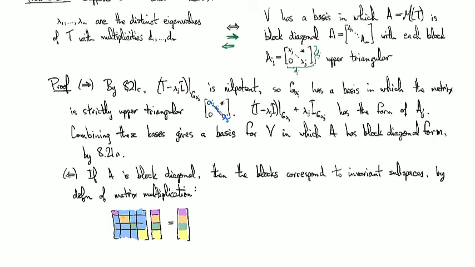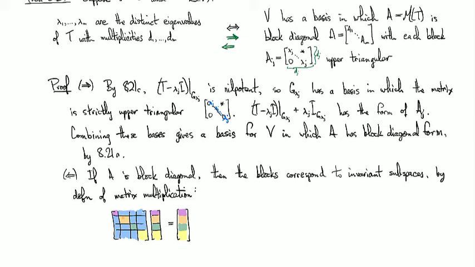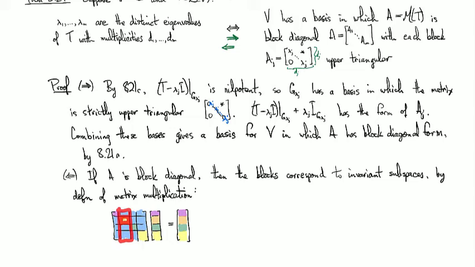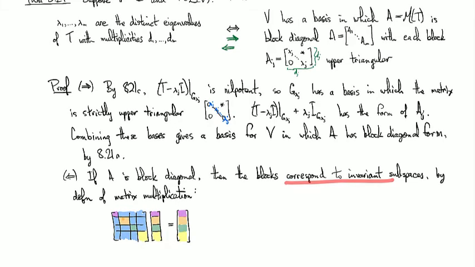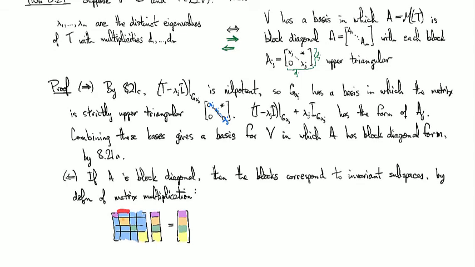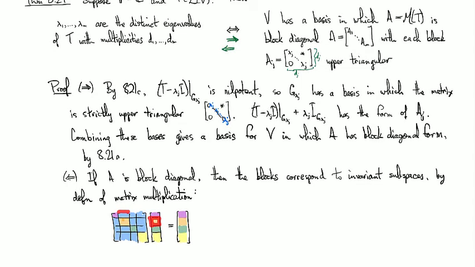And so you can see that, if we're looking at this orange block right here, when I said that it corresponds to an invariant subspace, that's because this input data picks up this input data right here.